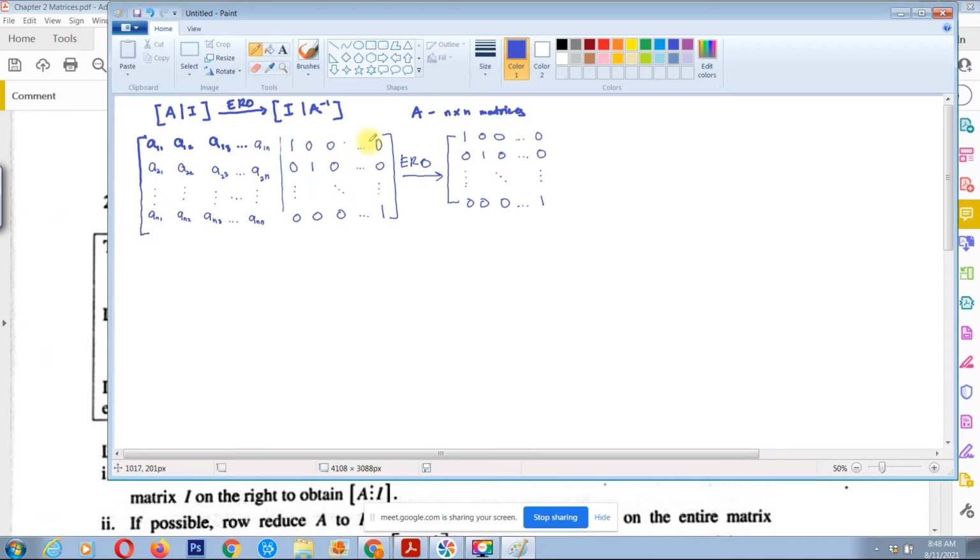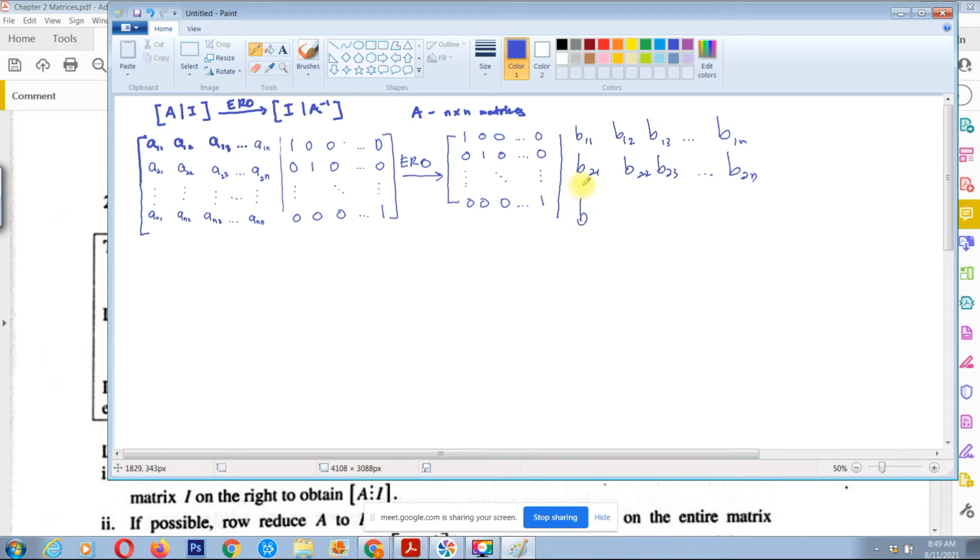So from this position to this left-hand side, and then the other matrix here is, maybe, B11, B12, B13, dot dot dot, B1n, B21, B22, B23, dot dot dot, B2n.